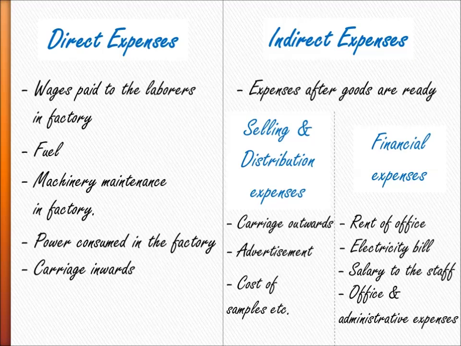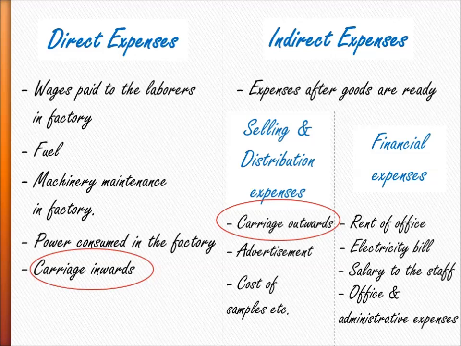Carries inward, because when you pay the carry inward, basically you are paying carries on purchases. It means the goods were not yet produced, because I have already told you the expenses incurred after production are called indirect expenses. So carries inward is a direct expense, but carries outward is an indirect expense.